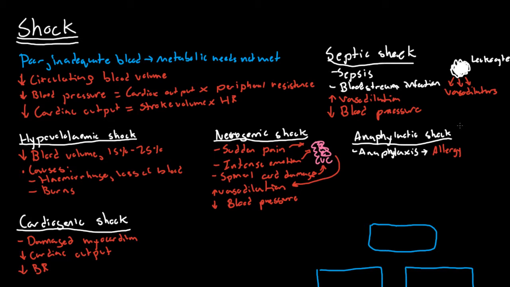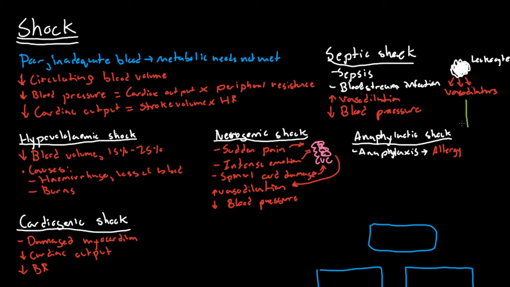And the way this actually causes shock is because our white blood cells think they've encountered a pathogen or some sort of infection within the body. And certain blood cells, such as basophils or mastocytes, are actually going to release vasodilators. And one example of this vasodilator, which is commonly released during this process, is histamine.